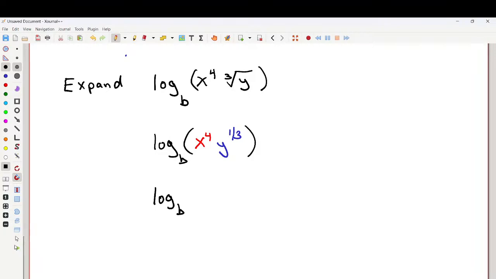Then the product inside expands to a sum, as I've just written.